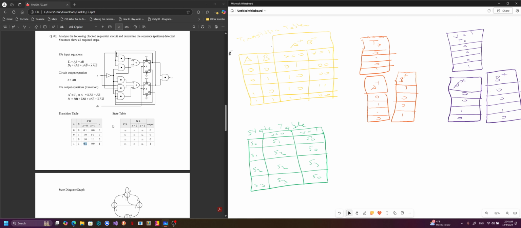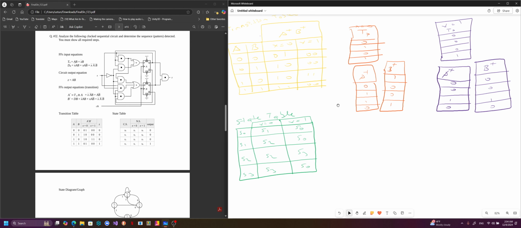And for x equals 1, right? 0, 0, 0, 0, 1, 1, and 0, 0. Yep, we have these values. And the state table: this will be wrong because we made a mistake here. Let's go ahead and see. S1, S2, S2, and S1.